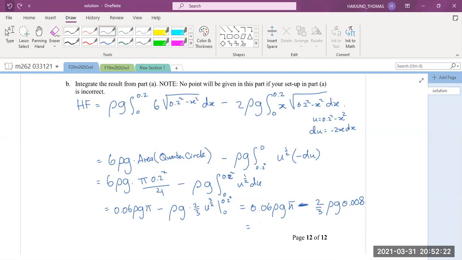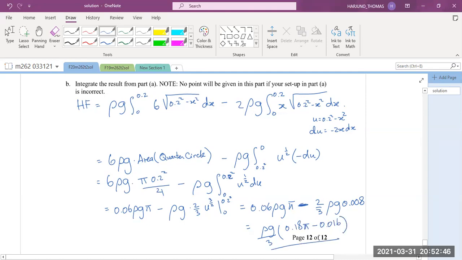I factor the rho g. Multiply by 3, 0.18, not 0.18. 18 pi minus 0.016. That's the answer.